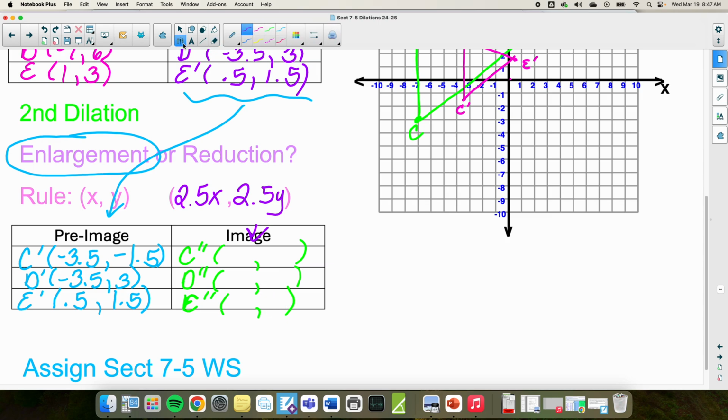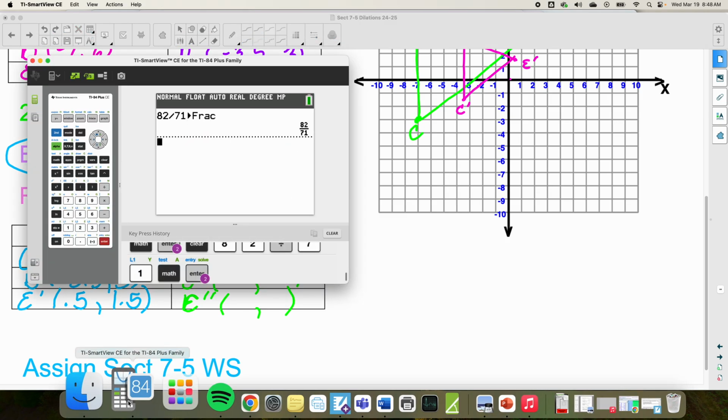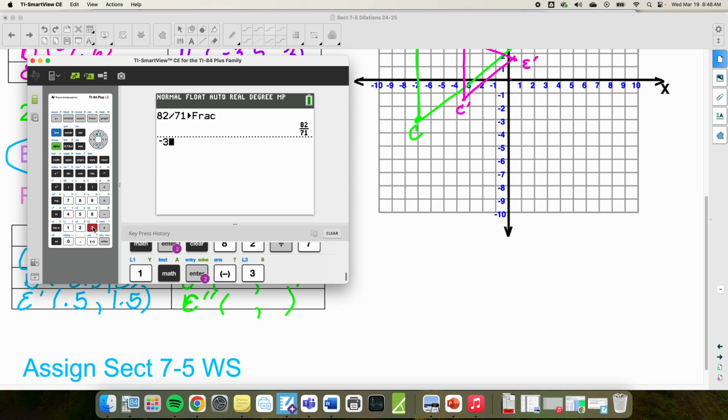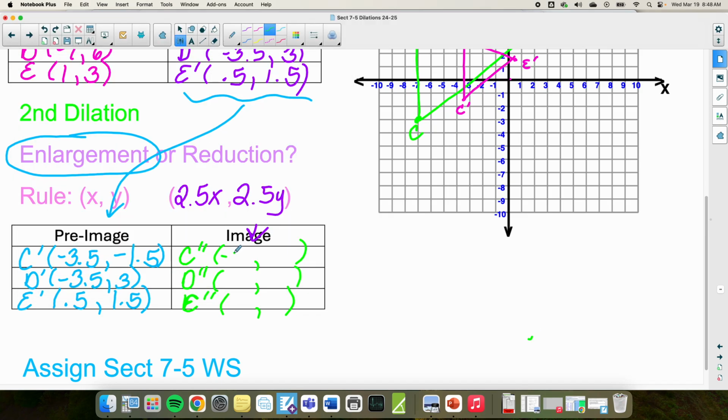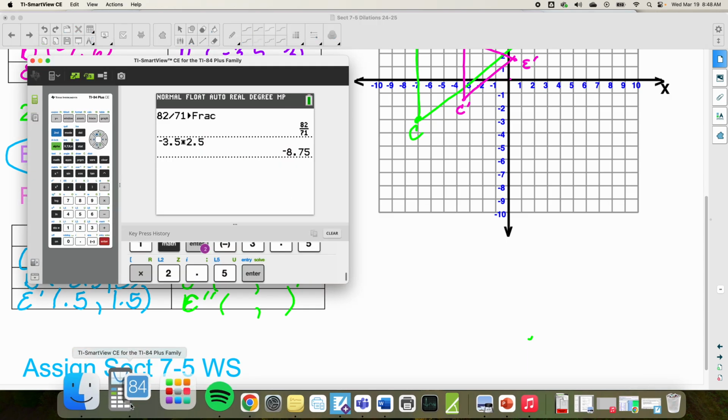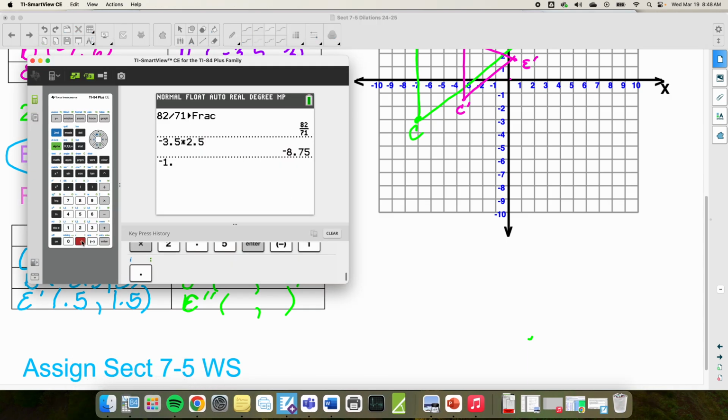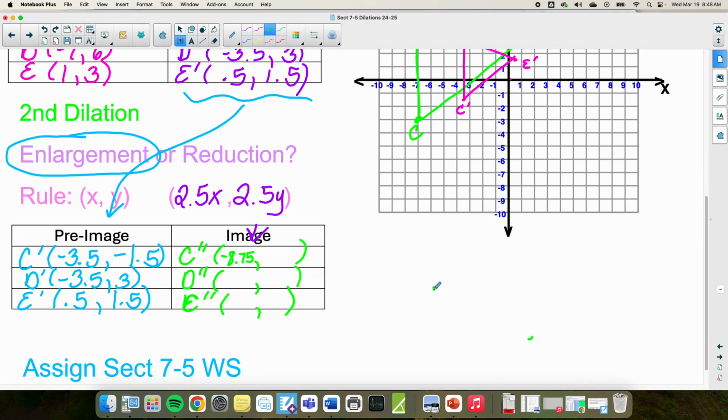So if I multiply everything by 2.5, we can check what is negative 3.5 times 2.5, and that is negative 8.75. And then negative 1.5 times 2.5 is negative 3.75.